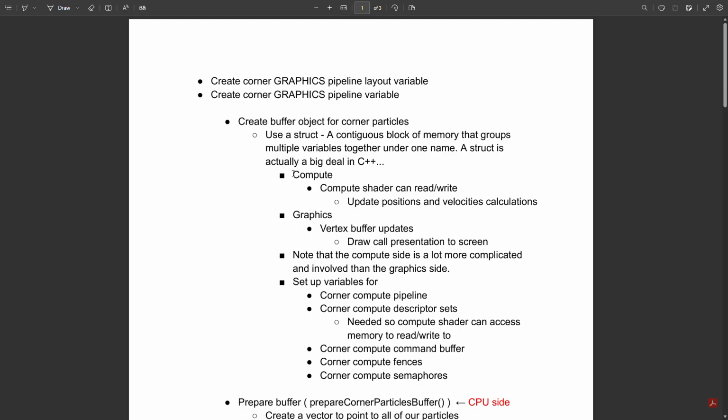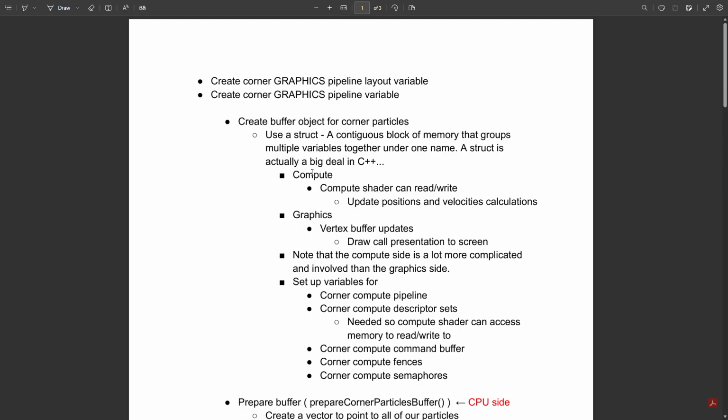Now, from what I said, you guys know by now that we're going to have to deal with some level of synchronization, right? We're going to have pipeline barriers and semaphores and things of that sort, because we don't want to be trying to get the vertex buffer update while compute is updating the positions and the velocities.